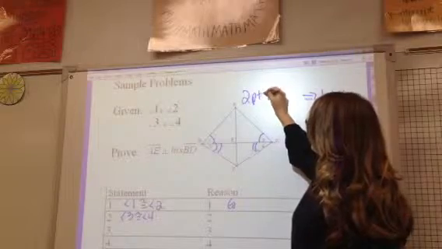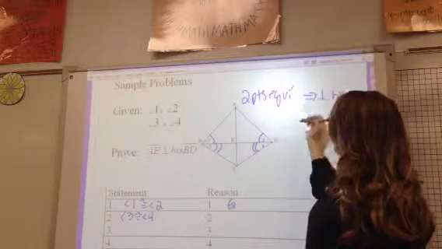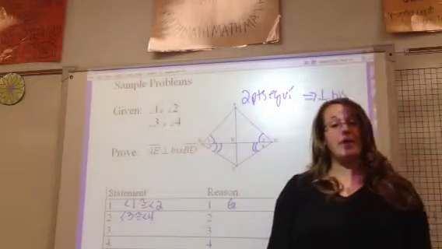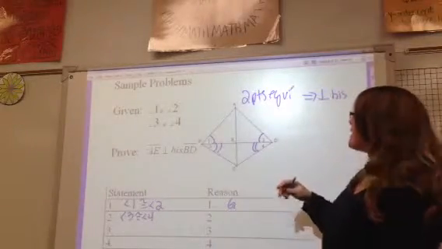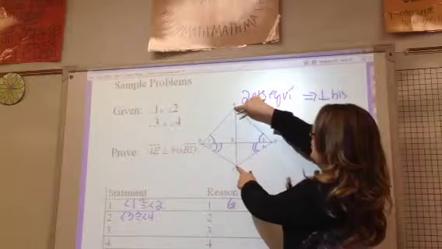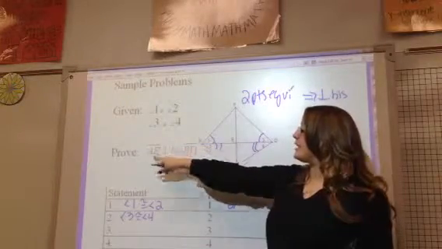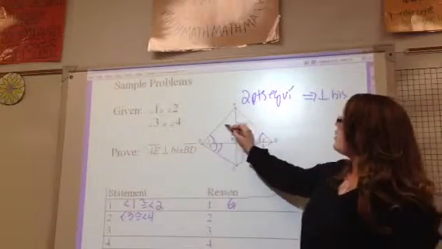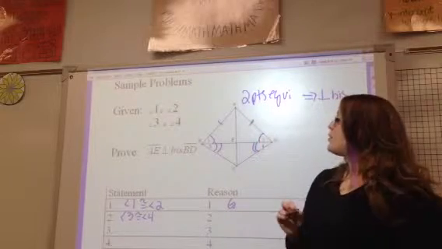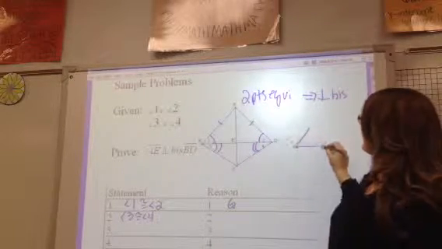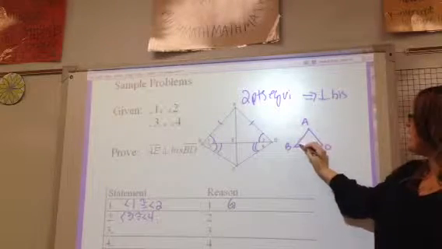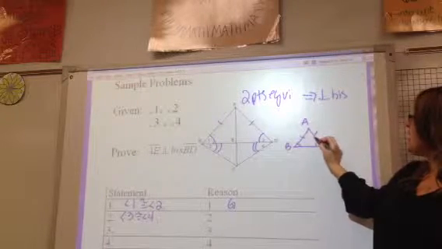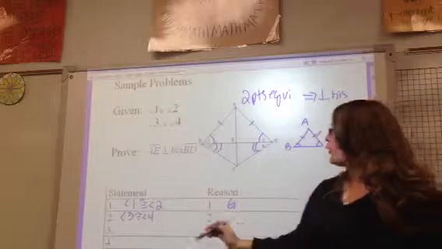2 points equidistant implies I have perpendicular bisector. So I need to prove I've got 2 points that are the same distance from what our perpendicular bisector is going to be. I know that those are congruent because if I look at triangle ABD, these angles are congruent, so those sides have to be congruent.